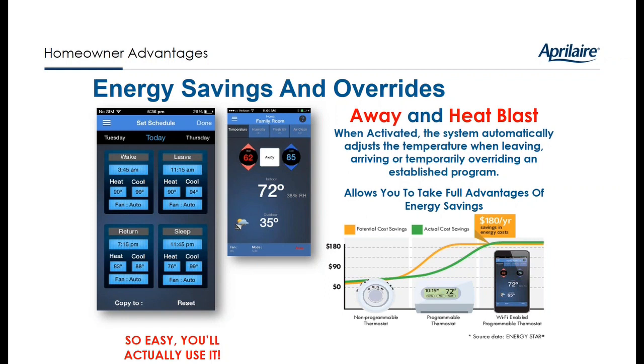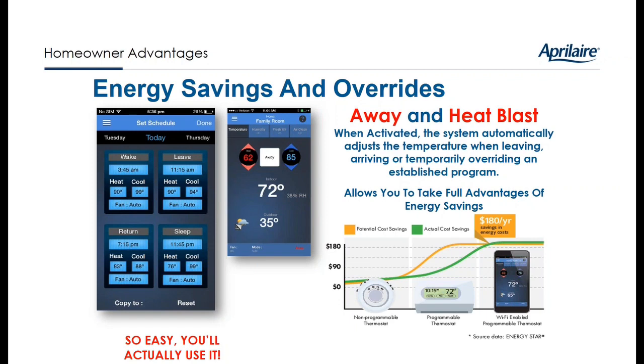By touching it, you go into a preset temperature, heat set point and cool set point that you preset for the away setting, the unoccupied setting. So let's say you leave the house, maybe you're going on vacation, and you forget to set back the thermostats. You can just open up the app and hit the away button, and you've put that thermostat into that setback set of conditions.